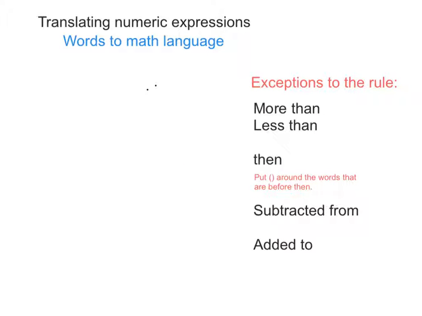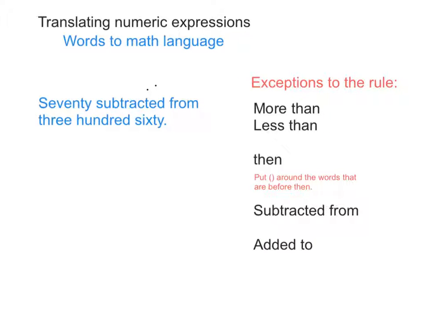Our last exception to the rule are the words subtracted from or added to. Let me give you an example. All right, so we're going to read from left to right. It says 70 subtracted from, keyword from, that's why I'm pointing it out, it's another exception, 360. So remember, you're taking away from 360, so therefore 360 should be written first, and we're going to subtract from 360, 70.